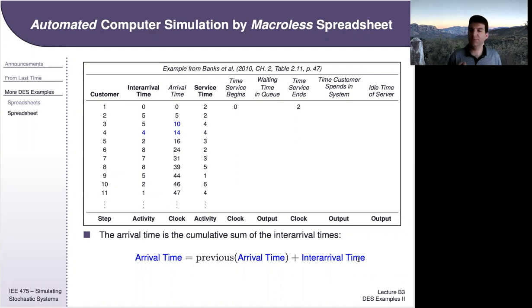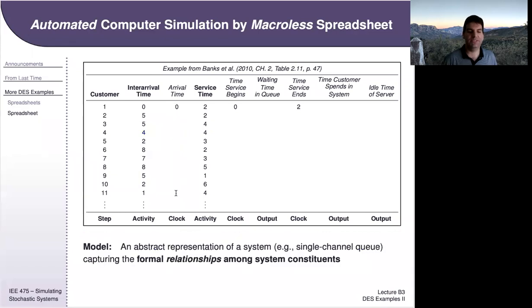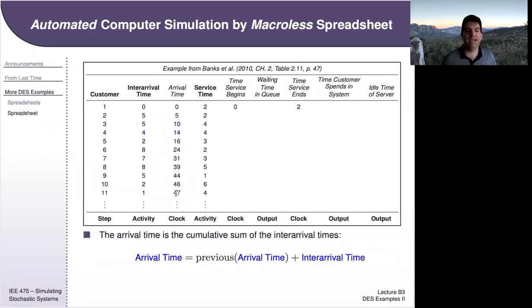If I write a spreadsheet formula that captures that relationship, put it into this column, arrival time, and then fill that column down, then because all of the inter-arrival times are known, I now know all of the arrival times for all of the customers immediately, like that. I don't have to go one by one. They're all known instantaneously as far as we're concerned with respect to the spreadsheet. So that's an easy one.